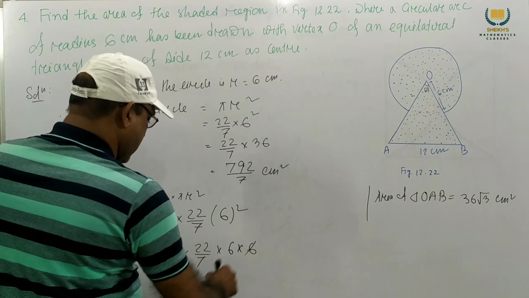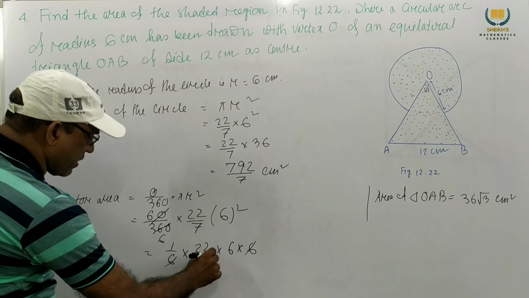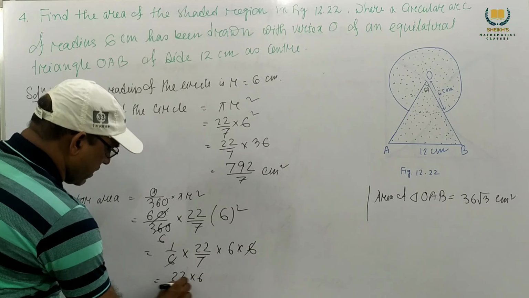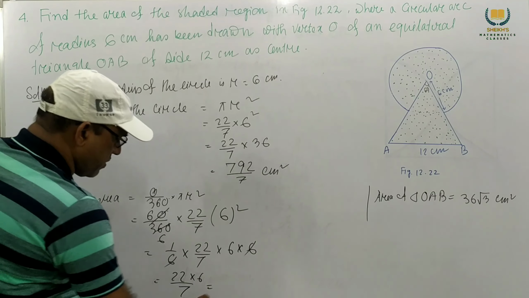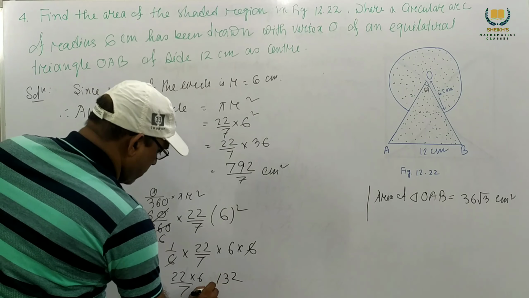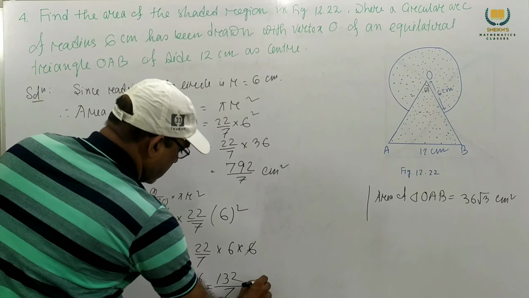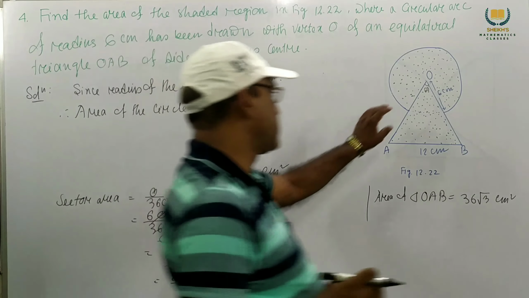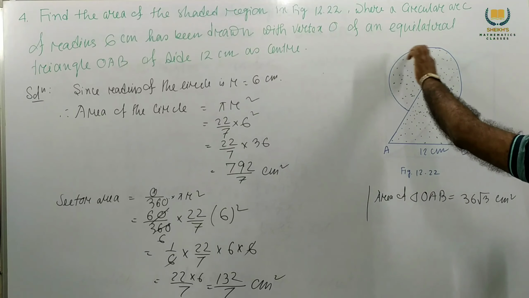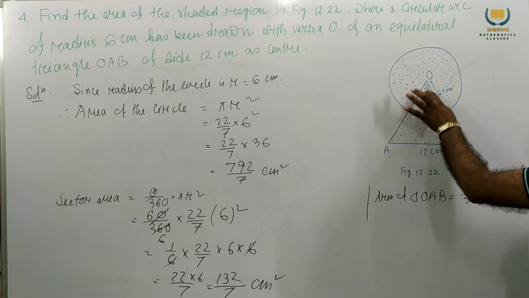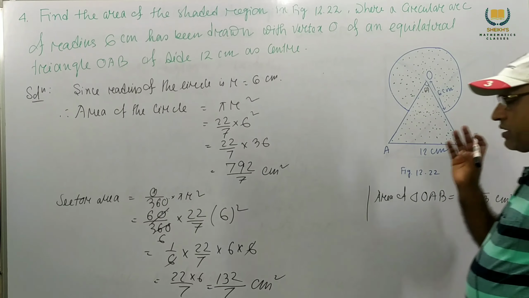This 6 cancels, so we get 22 into 6 by 7, which is 132 by 7 centimeter square. This is the area of the sector. So the area of the shaded region equals the area of the triangle plus the area of the circle minus the sector area.